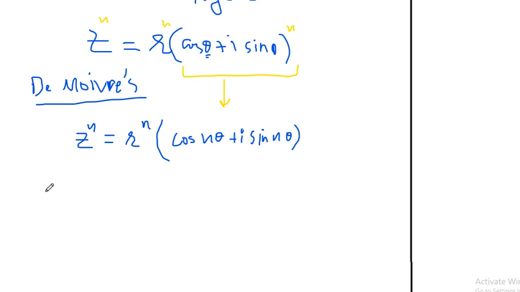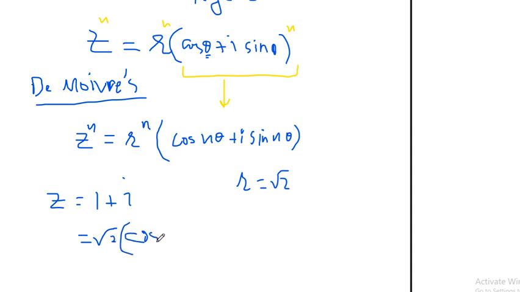For example, you have z equal to, let's say, 1 plus iota, right? You can find r and theta here. R is the square root of 1 square plus 1 square, which becomes square root of 2. So you got square root of 2 outside, right? And then cos theta. What is theta here?